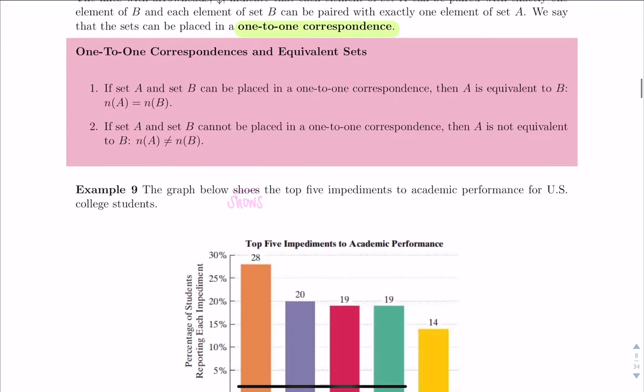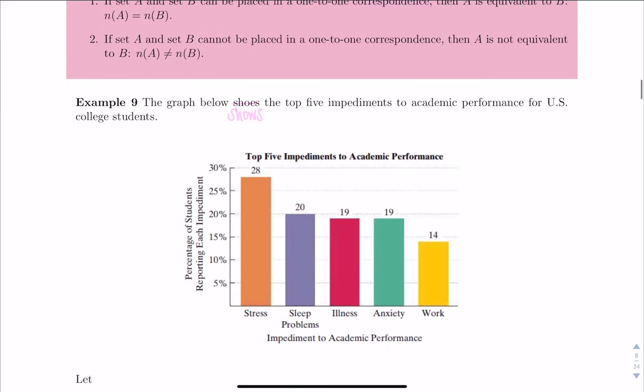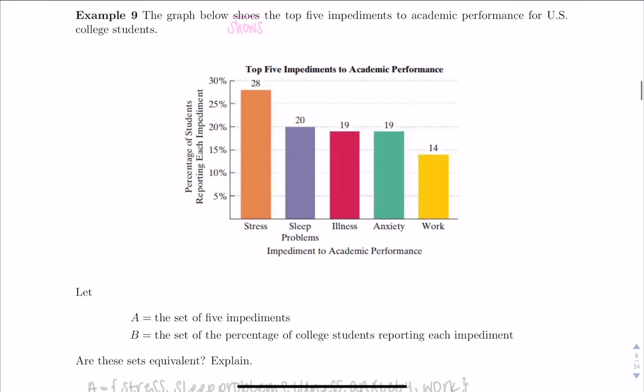So the graph below shows the top 5 impediments to academic performance for U.S. college students. Let set A be the set of 5 impediments, and let set B be the set of the percentage of college students reporting each impediment.